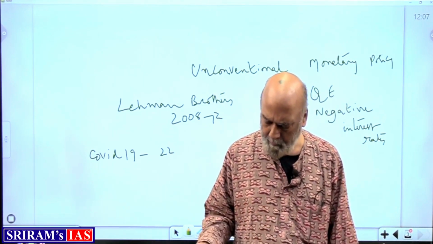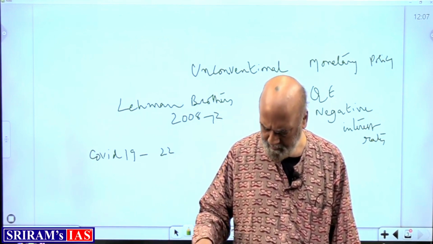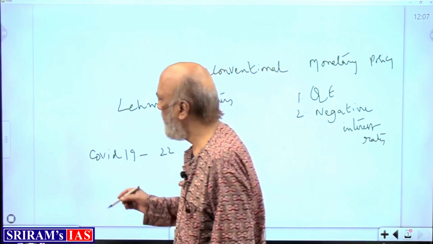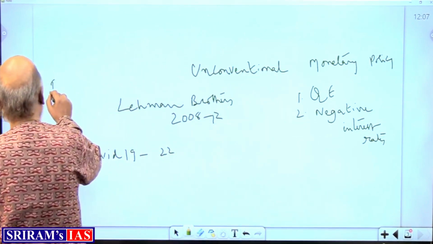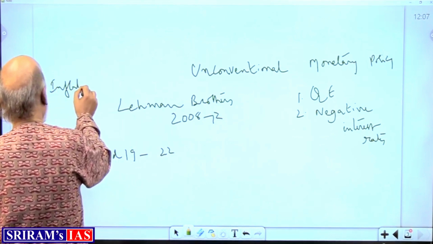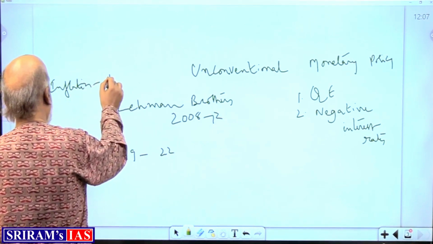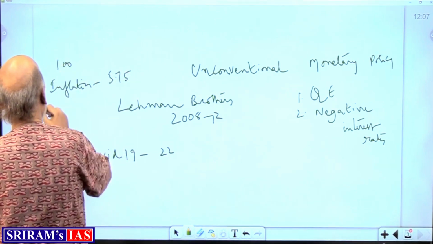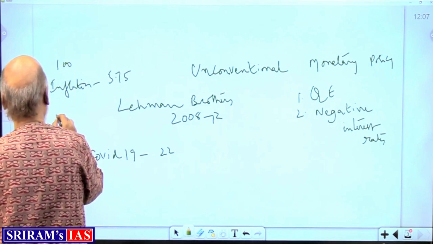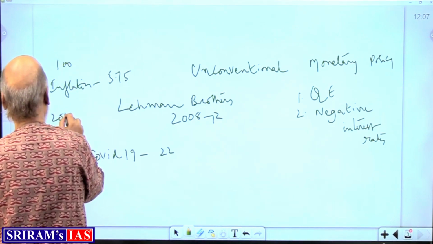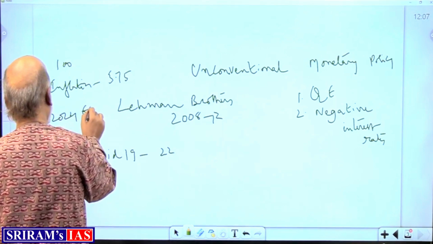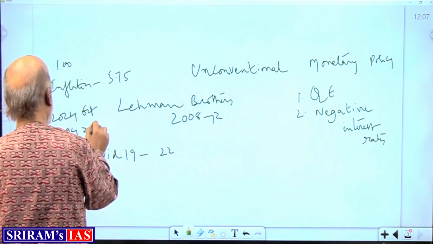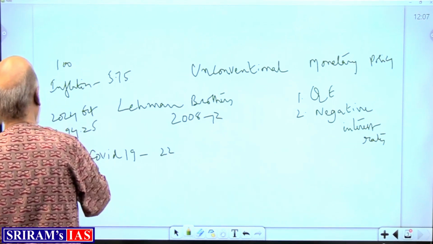Next year, my 100 will be worth 94.25. So inflation at 5.75 annual. How much is the money I have? 100. So what will be its worth next year, October 2024? It will be 94.25, because inflation ate up my money.